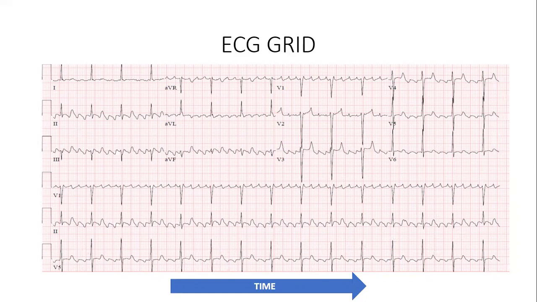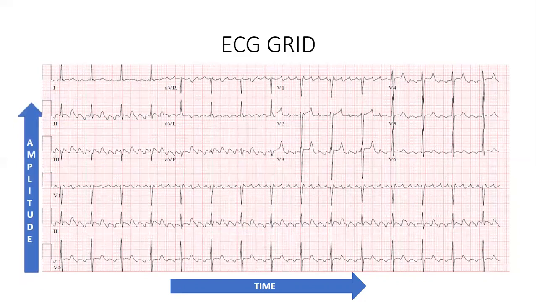So going across, we're looking at intervals, and on the y-axis going upwards, we are looking at the size of these waves and deflections. We look at that in terms of millivolts, but we will cover that later on.